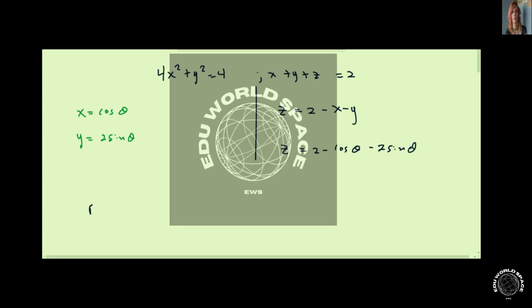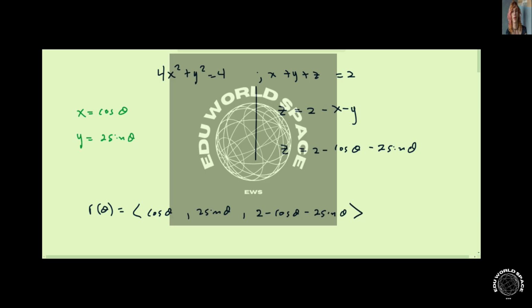So for our parameterization, this is going to be r of theta, and I guess you could use t as well, but I'm just used to writing theta anytime I have sine or cosine pop up. It would be cosine theta, 2 sine theta, and then 2 minus cosine theta minus 2 sine theta.